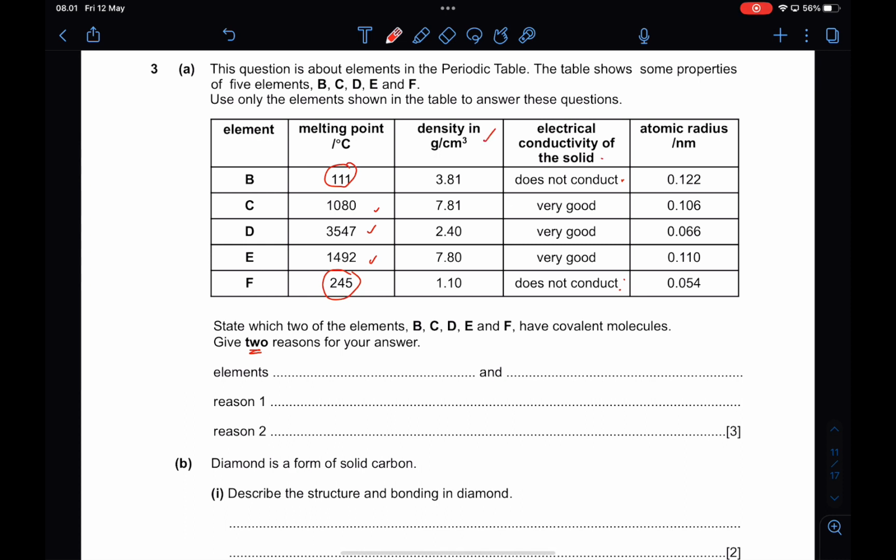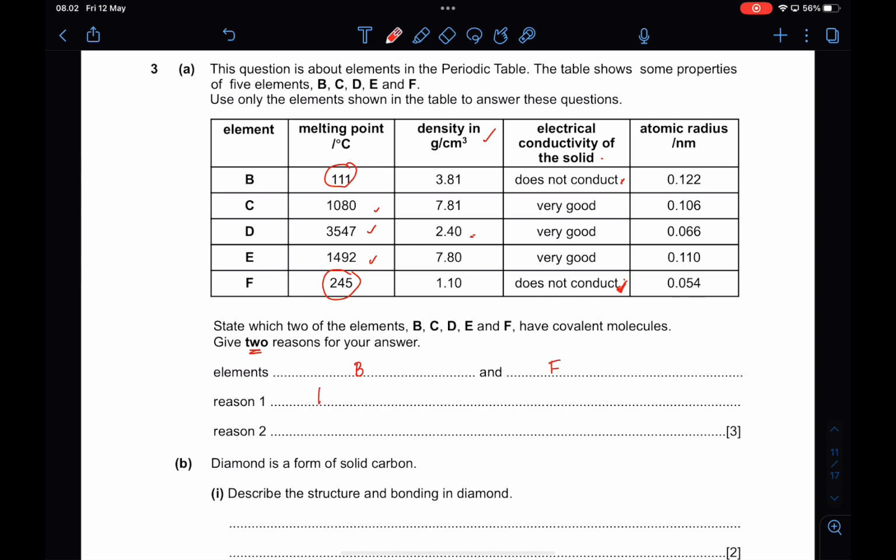Another reason, rather than looking at the electrical conductivity, you look at the density. The density may be lower, or you can just say do not conduct electricity. Yeah, I think density lower is better. But this one also has density considered to be low as well, so maybe I'll just say they do not conduct electricity.